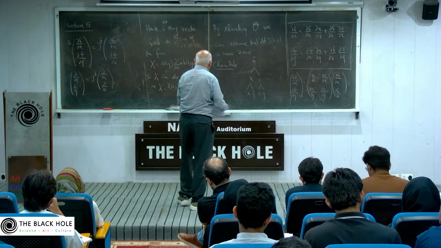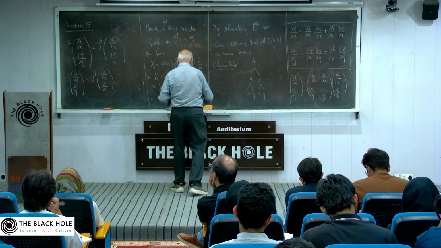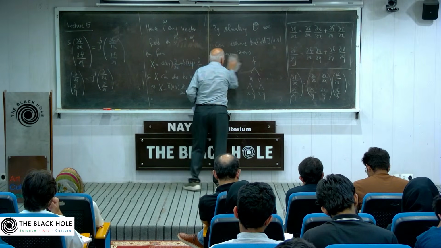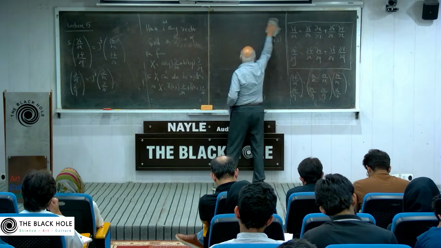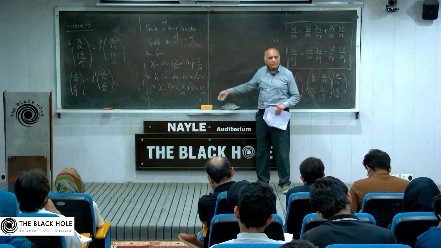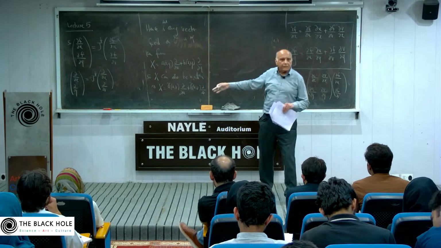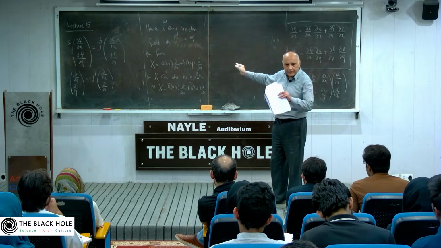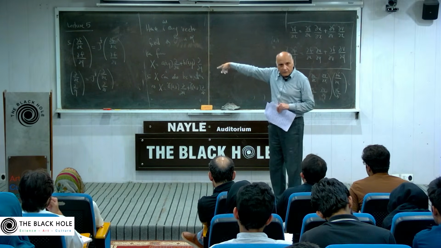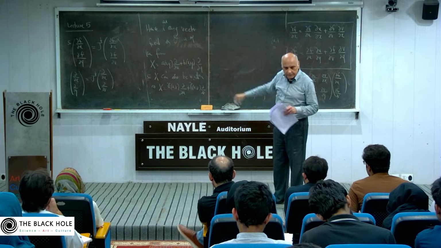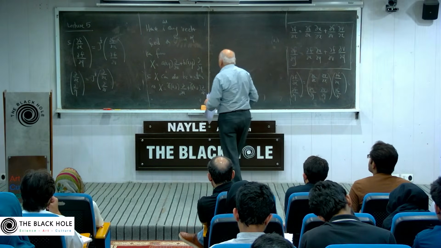This was just for illustration. In general, if I have a vector field in n variables and curvilinear coordinates, I can write the vector field in terms of those coordinates using the transformation law which I just told you.